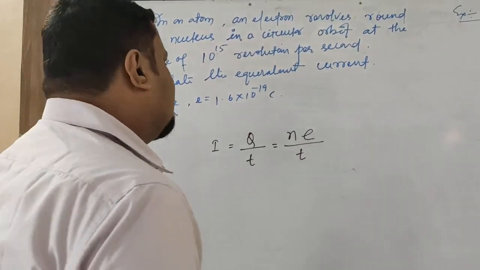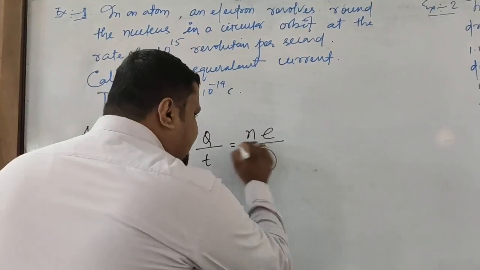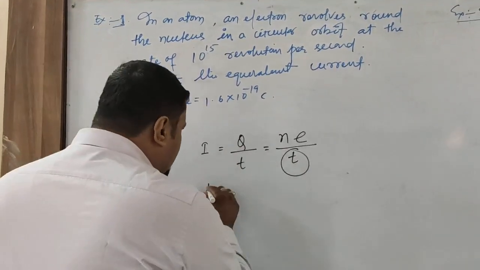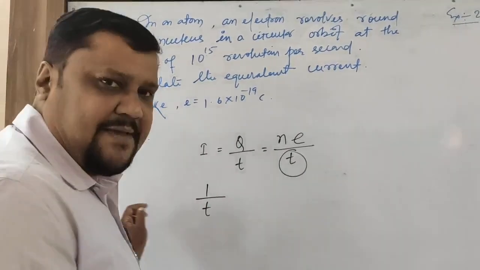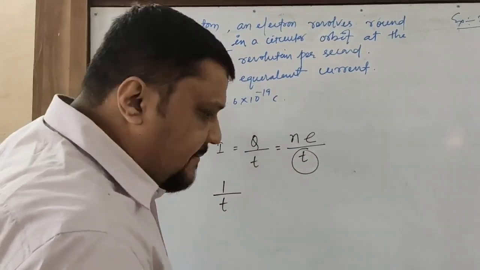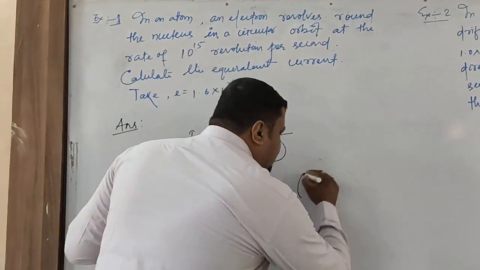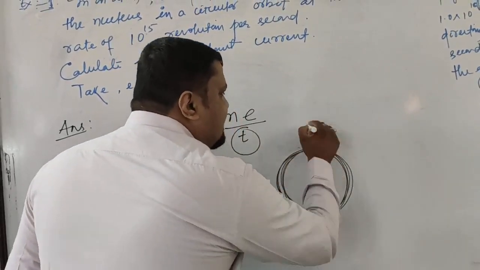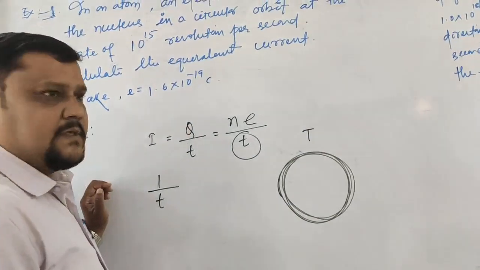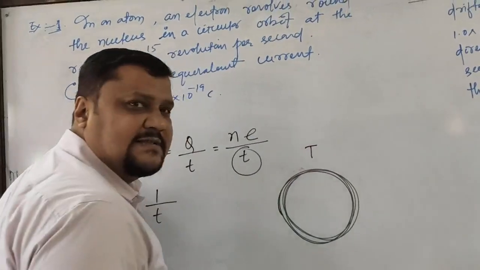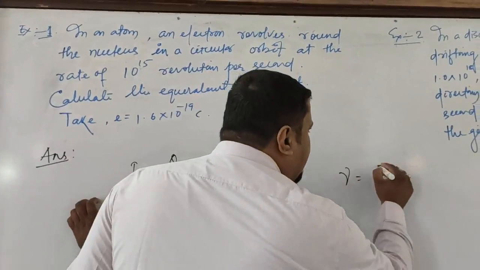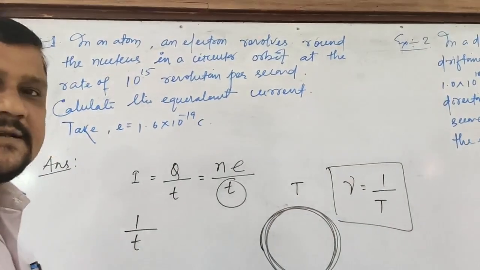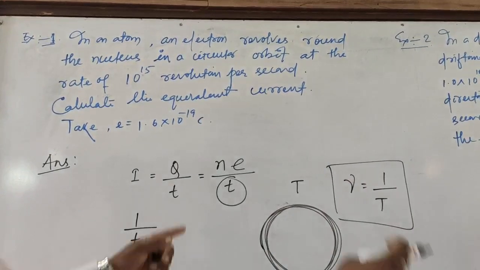T is the time taken. When an electron revolves around the circular orbit, one complete revolution is the time period. The time period relates to frequency: the frequency is equal to 1 by time period. This is a general formula you already know.